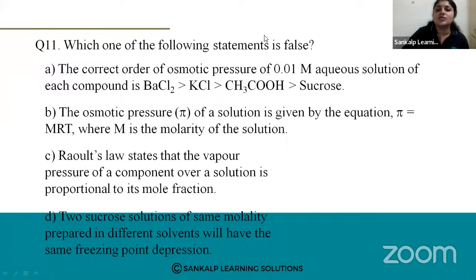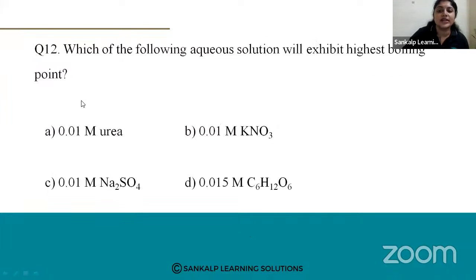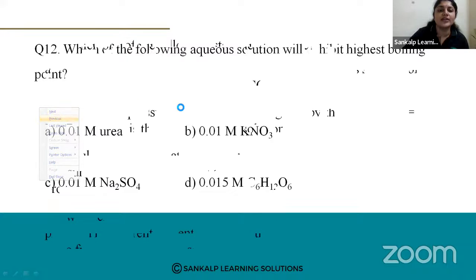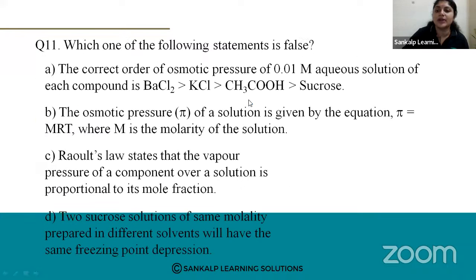So which of the following is a wrong statement? You have to tell which is wrong among these. Let me go with option B. Osmotic pressure pi is given as CRT. What is C?